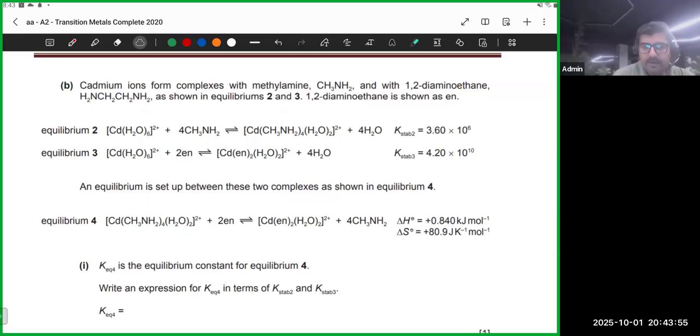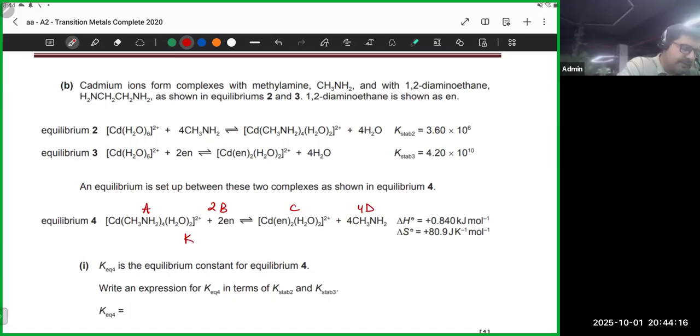Now, if you look at equilibrium 4, let's give it some values: A and B, 2B. Then it forms C, and it forms 4D. I'm just trying to simplify things because I can't waste time writing the whole thing.